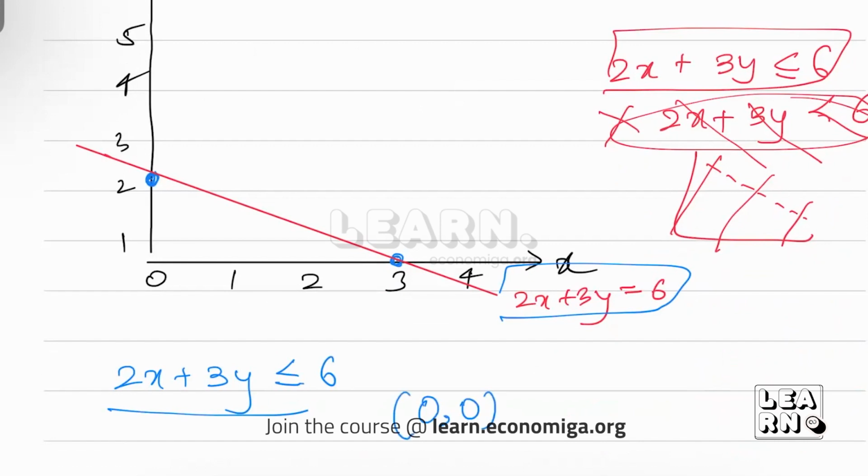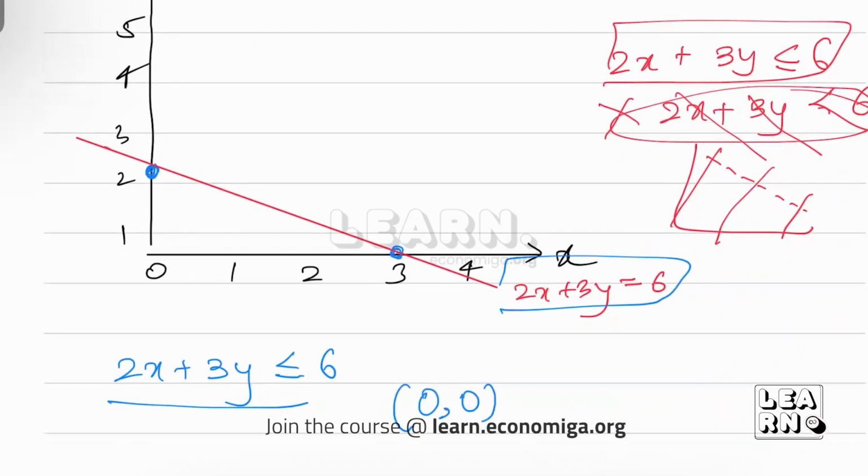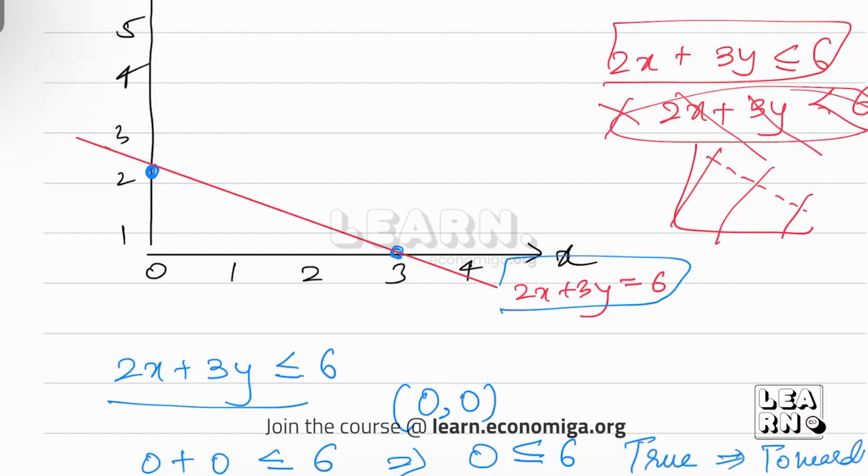You put it in the inequality. You get 0 plus 0 less than or equal to 6, that is, 0 less than or equal to 6. If 0 is less than or equal to 6 is true, that means you shade towards the origin. True implies towards (0, 0). If it is false, you shade away from (0, 0).